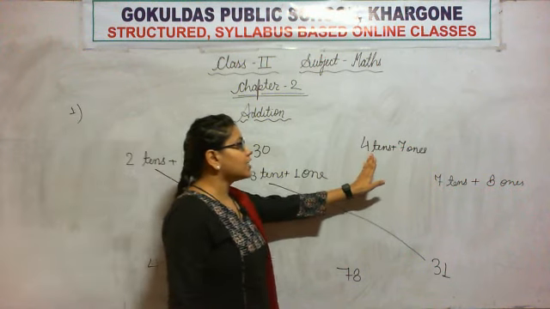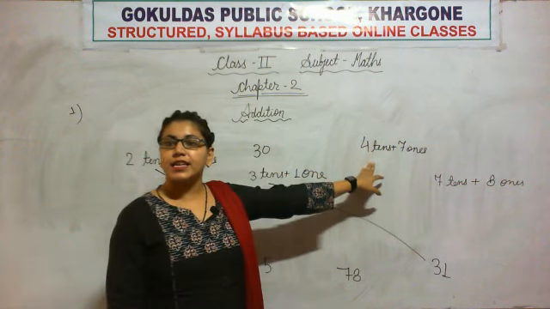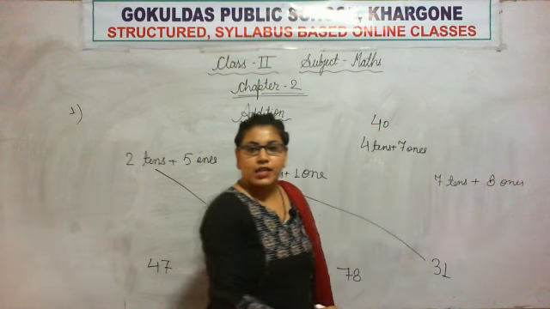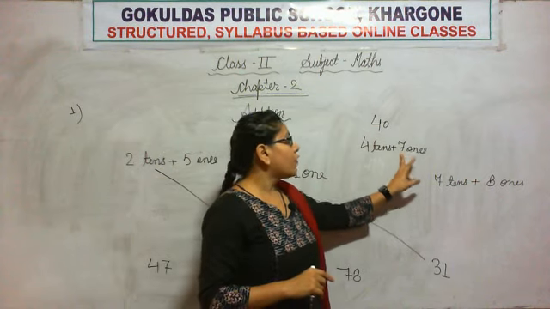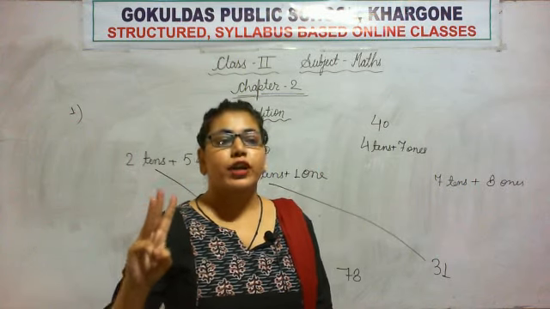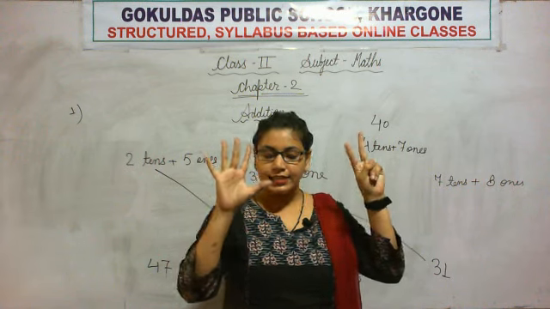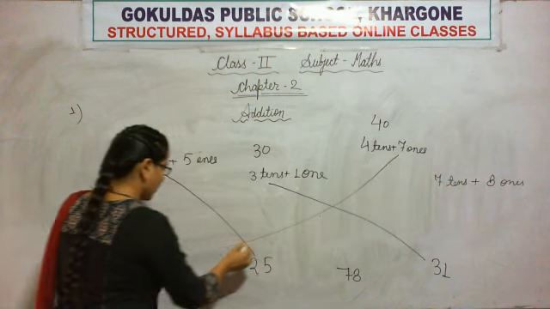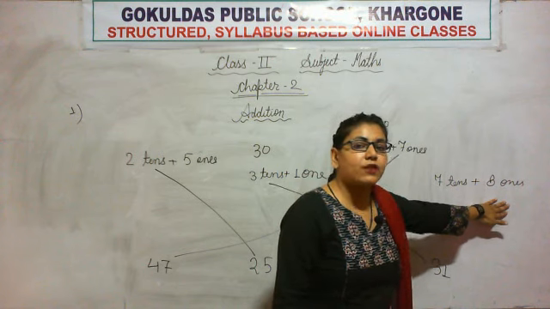Now the next one is 4 tens plus 7 ones. 4 tens means, very good, 40 plus 7 ones. So we have to count 7 forward from 40: 41, 42, 43, 44, 45, 46 and 47. Where is 47 written? Here. So we will match this with 47. The last one, 7 tens plus 8 ones.